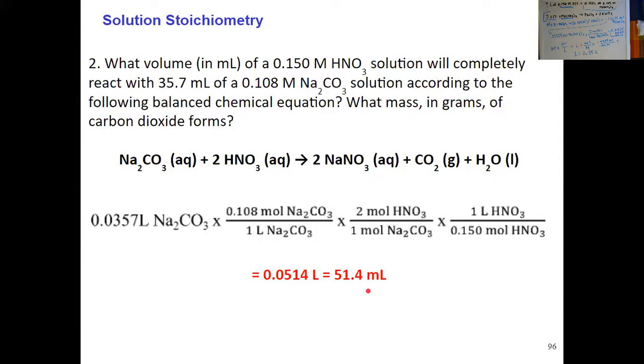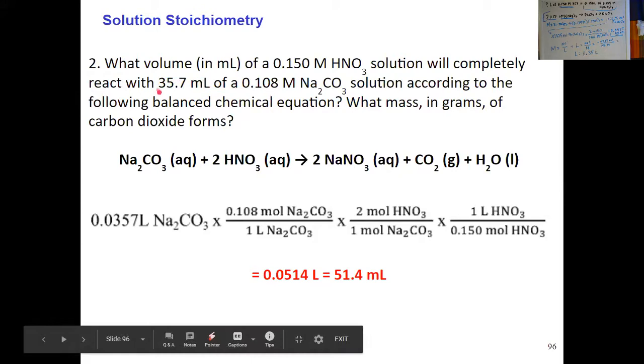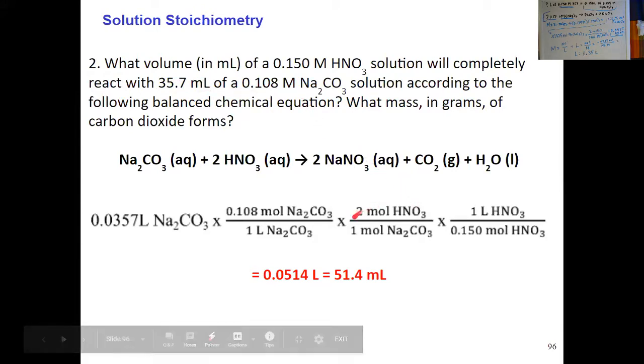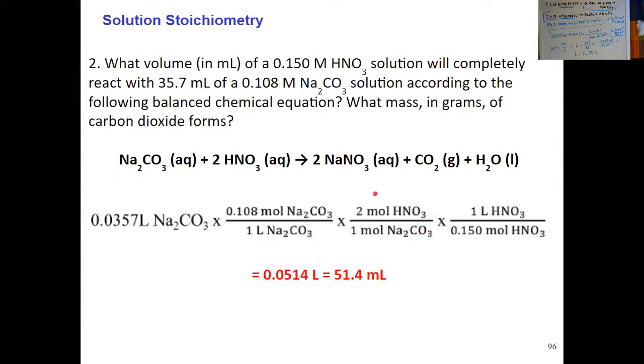Okay, now that second question asks about the mass in grams of carbon dioxide that forms. So we're going to start with the same 2 pieces of information here, but instead of relating the sodium carbonate to the nitric acid, we're going to relate the sodium carbonate to the carbon dioxide instead.